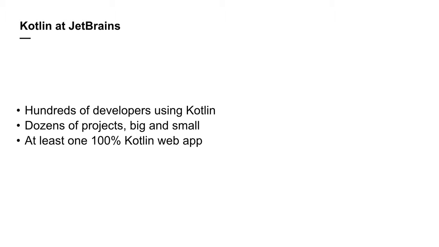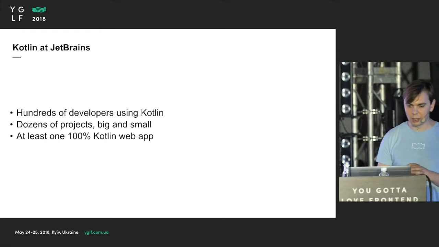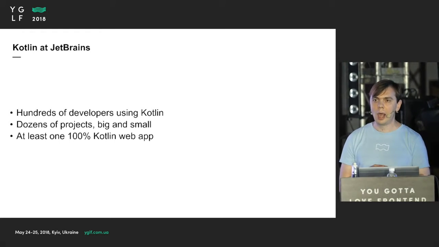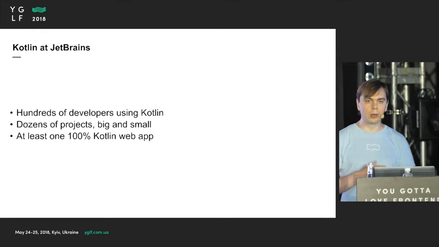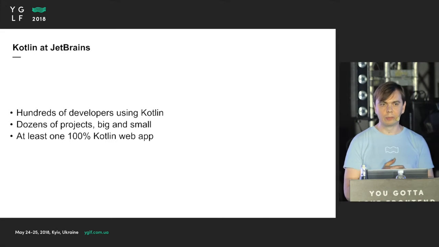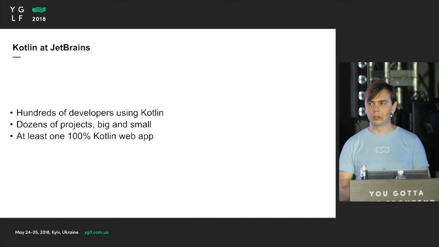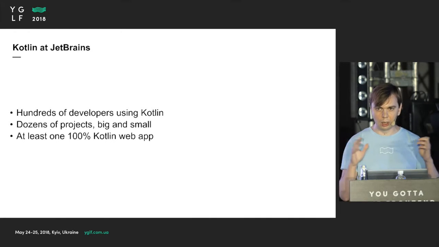So at JetBrains, Kotlin is obviously used a lot. We have hundreds of developers writing Kotlin code every day. We have already created dozens of projects in it. And the one I'm working on is maybe one of the most exciting ones. It's a big web application that is written only in Kotlin.